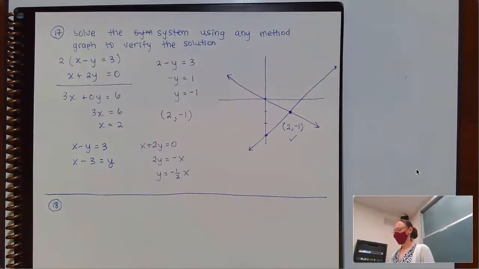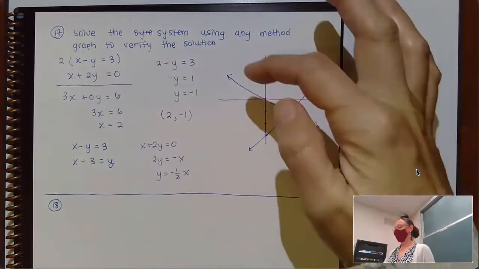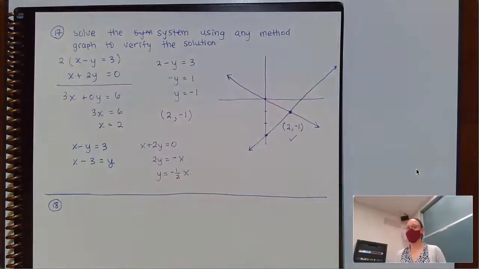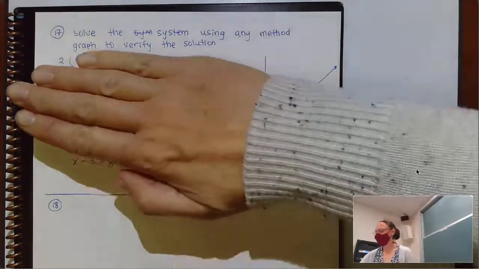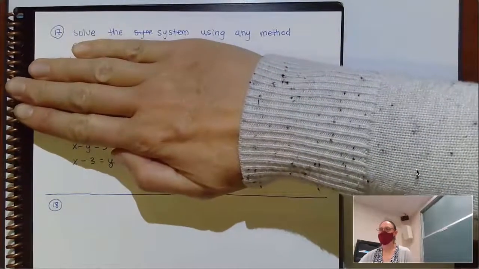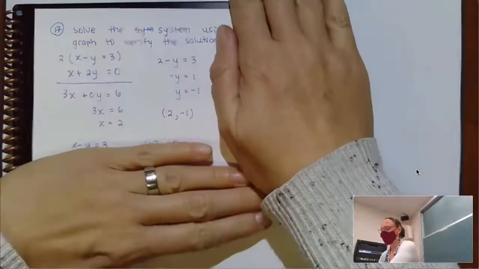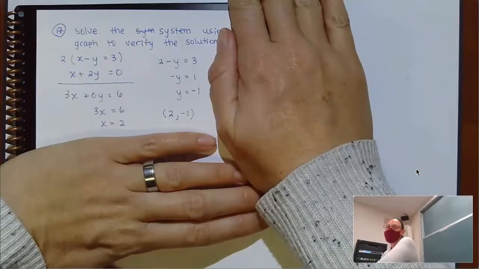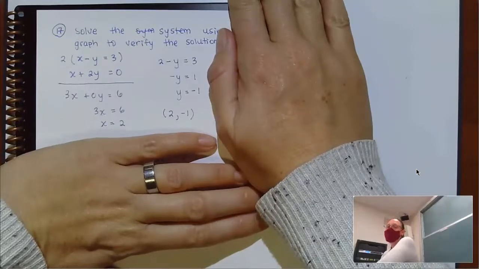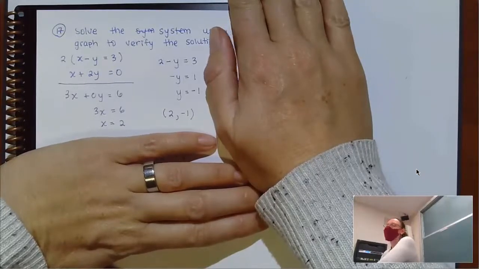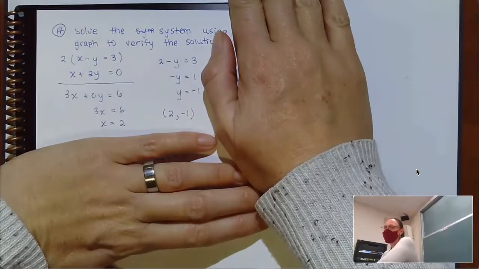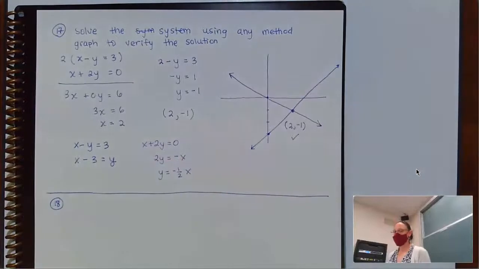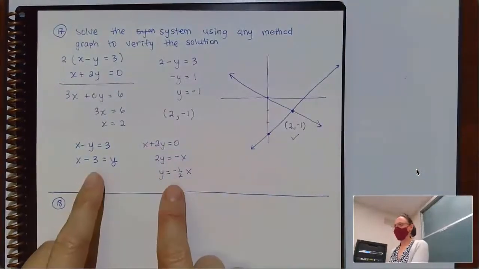Okay. So this is really 2 questions for the price of 1. If all it said was solve the system using any method, that's what I would have done. But solving the system means you have to give both an x value and a y value for the solution. Because I said to graph it, now we have to somehow graph these equations.